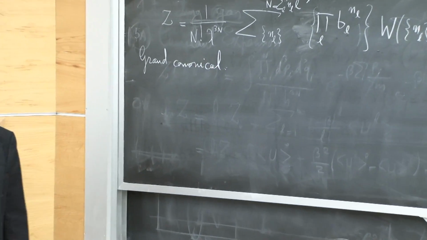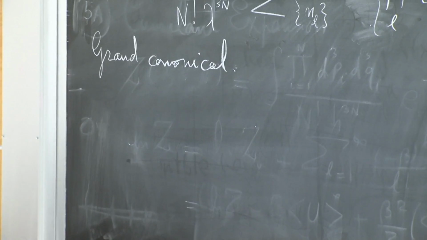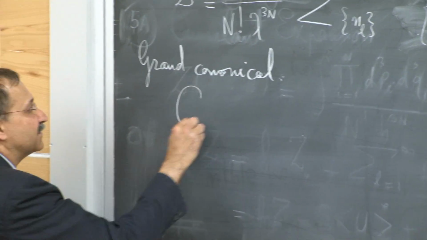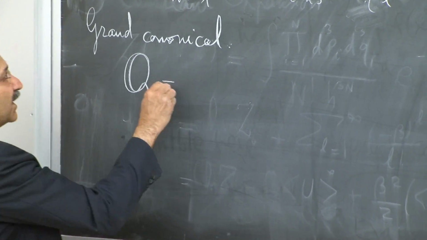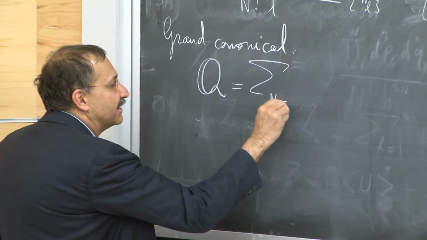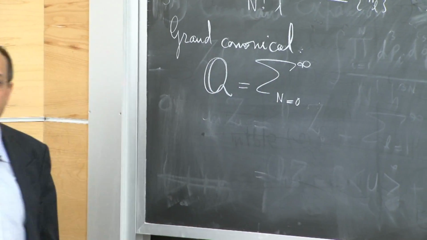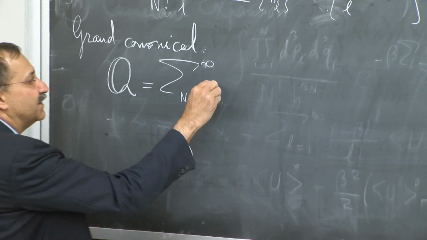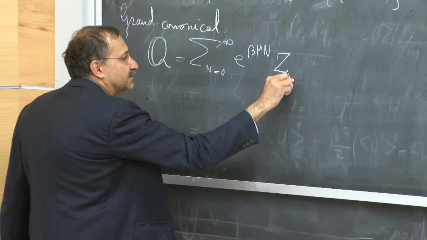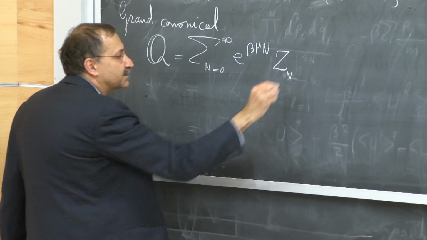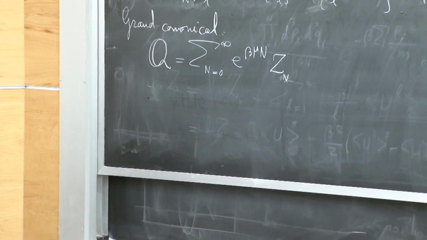So rather than looking at the partition function, I will look at the grand partition function Q that is obtained by summing over all n, which can take any value from 0 to infinity, of e to the beta mu n times the partition function for n particles. Okay?